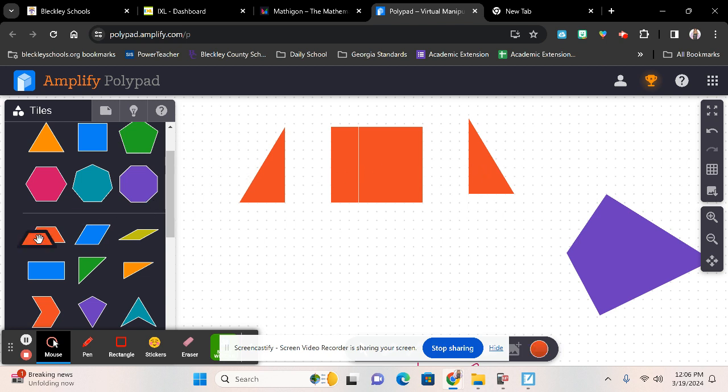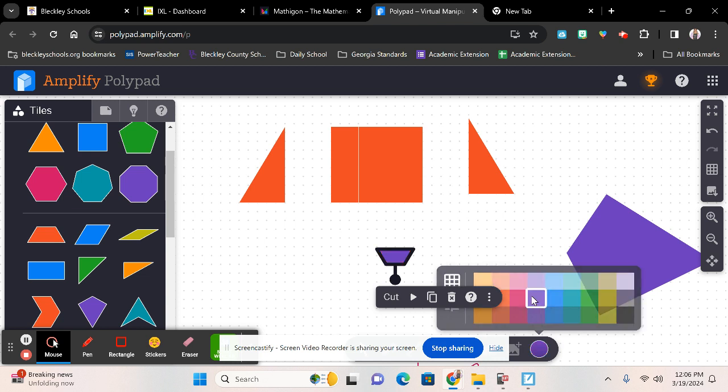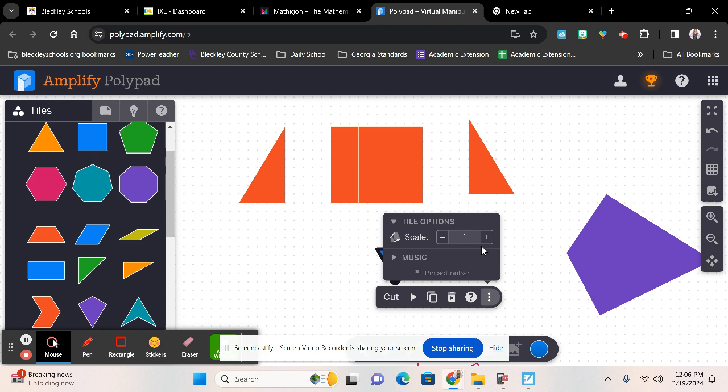The example they give you here on your paper, it's kind of upside down.